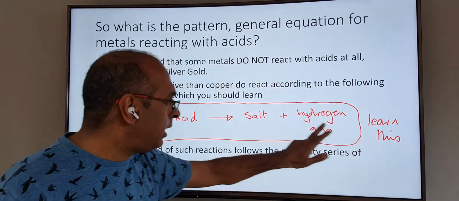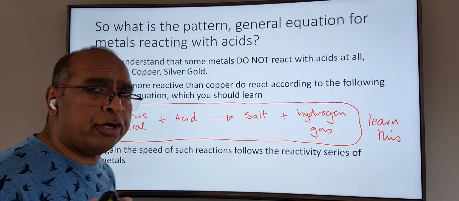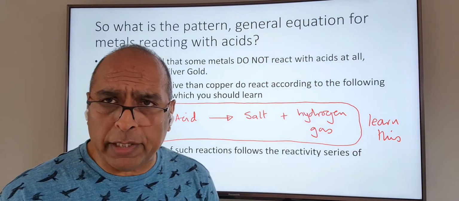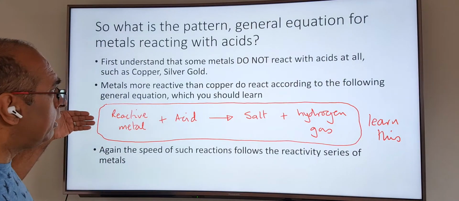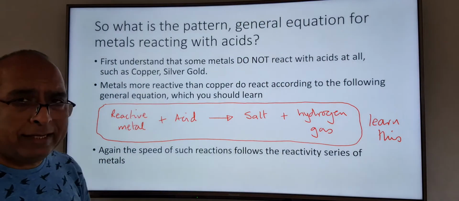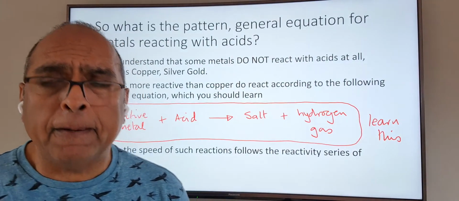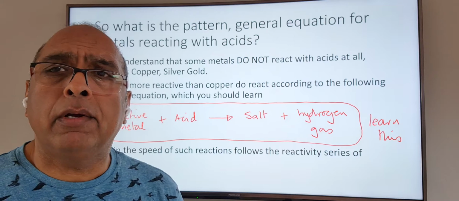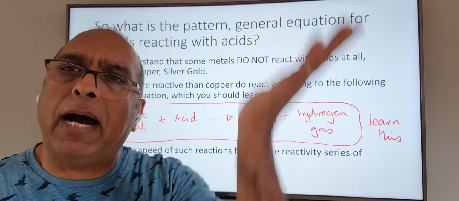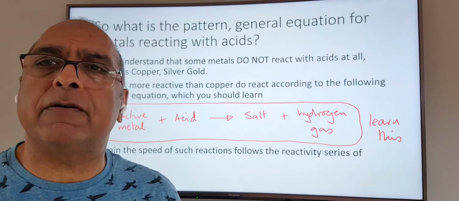You need to learn that, and that is the third of our general equations that I want you to learn. And again, the speed of such reactions depends on how high or low on the reactivity series a metal is.